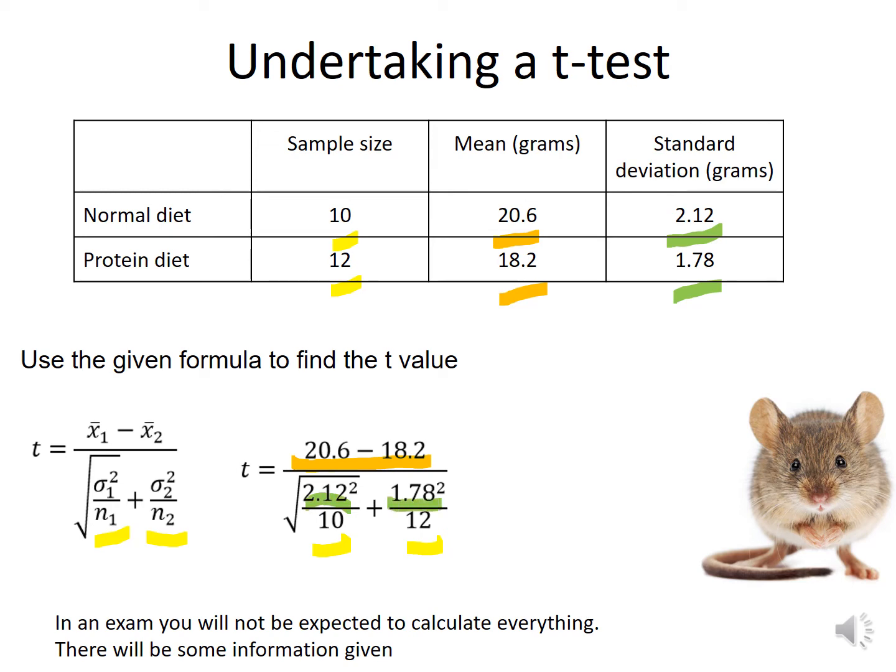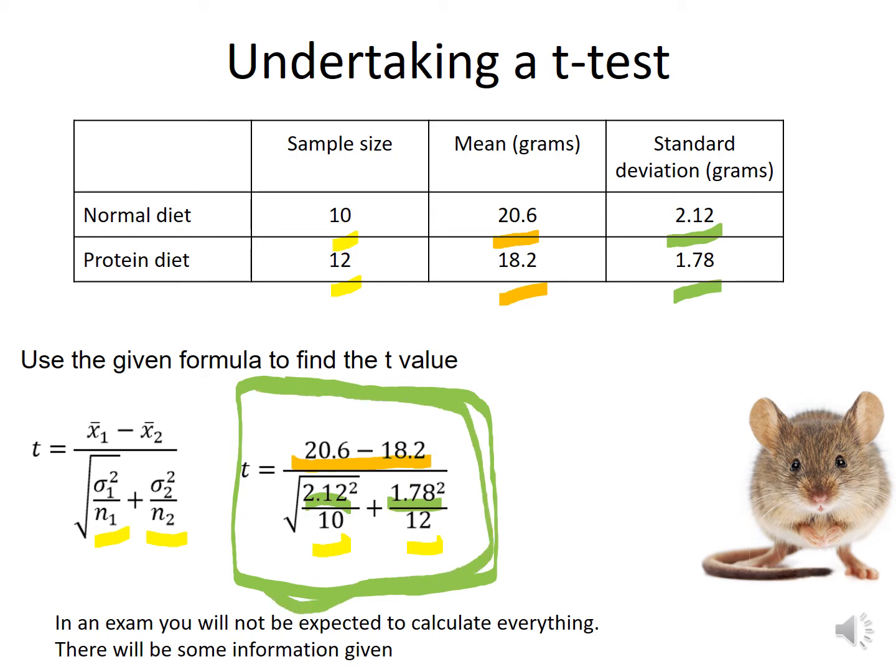And you square them. Now this is what the exam board want to see. They want to see you putting the figures into the equation. You can then just put all of this into your calculator and let your calculator work it all out. The more times you work out individual steps, the more error you introduce, rounding errors.